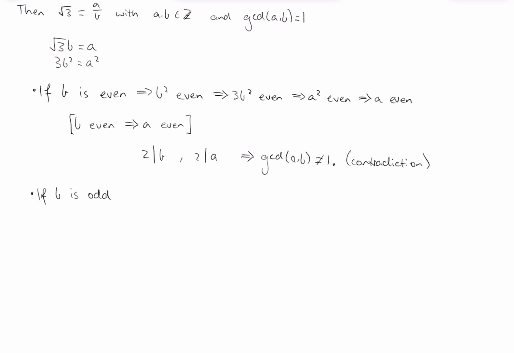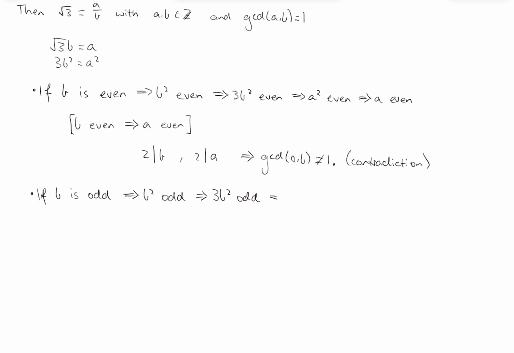Okay, so let's go through a similar thing here. If b is odd, then let's take the square of b. This value, b squared, is going to remain odd, and then we multiply it by 3 like we did earlier. 3 times the square of b is going to stay odd as well.